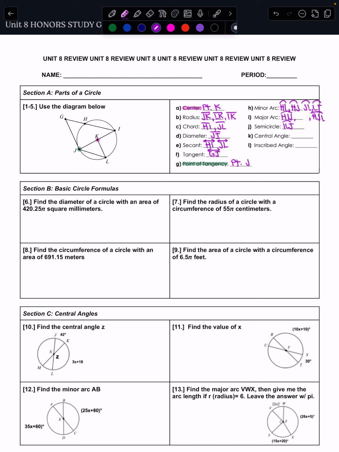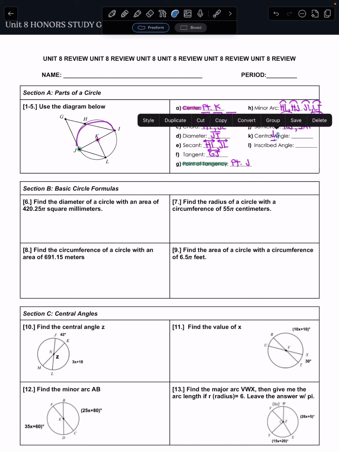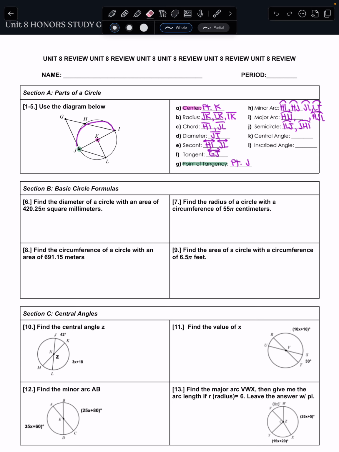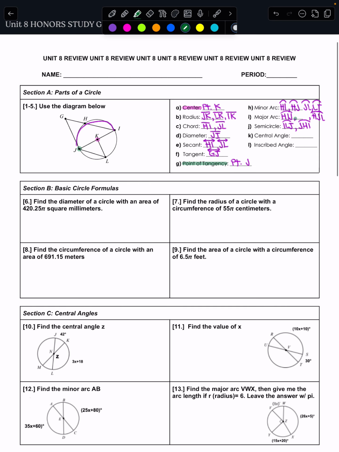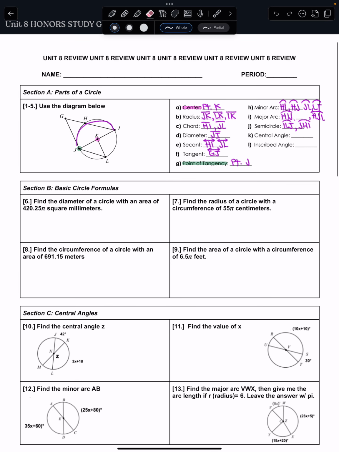It also looks like we have a semicircle here at JHI. So I'm going to put JHI. And feel free, if you see any more examples, to write those down too. I'm just going to give you guys a couple examples so you can see the vocabulary terms.